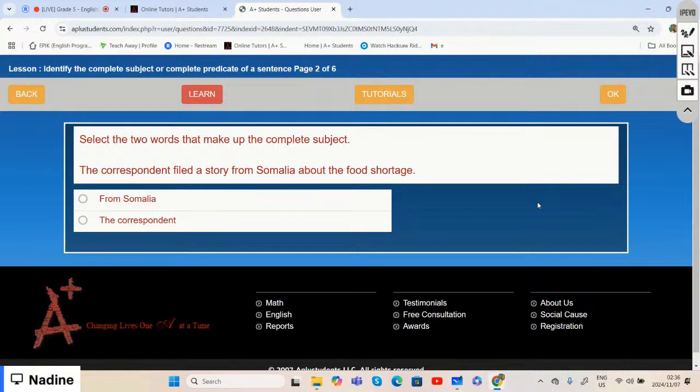All right. So now we need to select two words that make up the complete subject. It says the correspondent filed a story from Somalia about the food shortage. We need to select the subject. Is it option one, from Somalia, or option two, the correspondent?